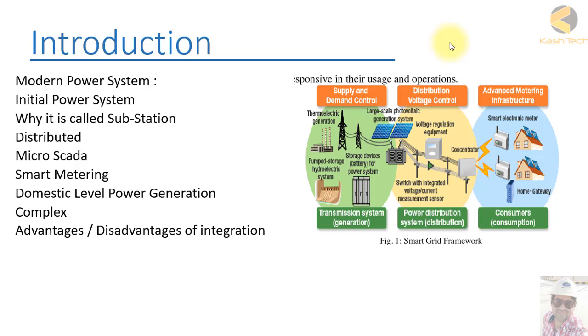Another thing is, if the network becomes complex, it's difficult to monitor and control the power. So there are advantages and disadvantages, but obviously the advantages are more than the disadvantages. That's why you will see more and more network connections, and in the future more and more HVDC networks coming into play.